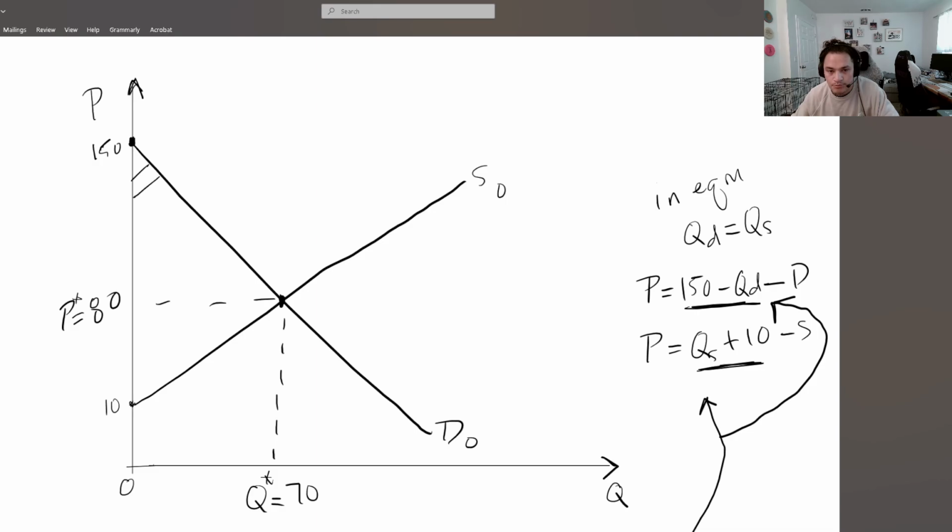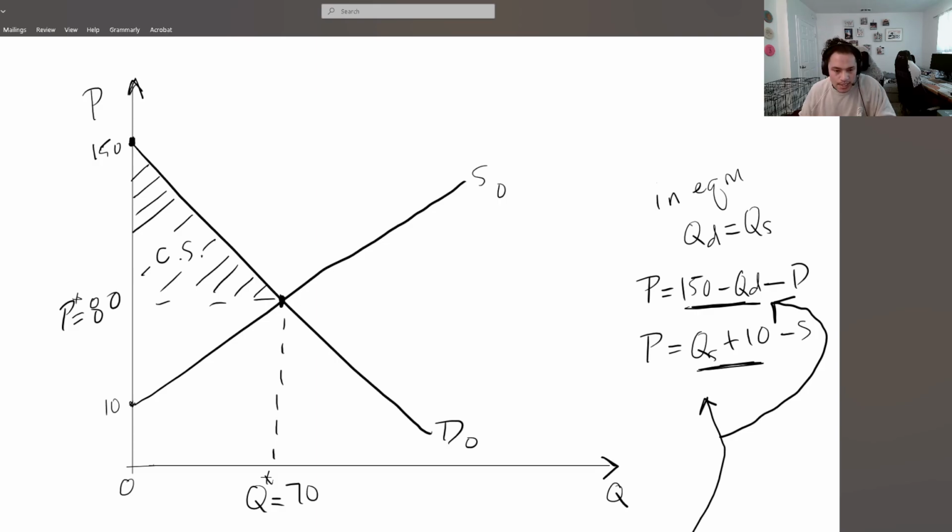It's everything below our demand curve and above the equilibrium price, all the way up until equilibrium. We can see how that's illustrated here. We have all these consumers up here who are willing to pay, let's say, $140, $130, $120, but they only have to pay $80 for the textbook. So they get some additional surplus.